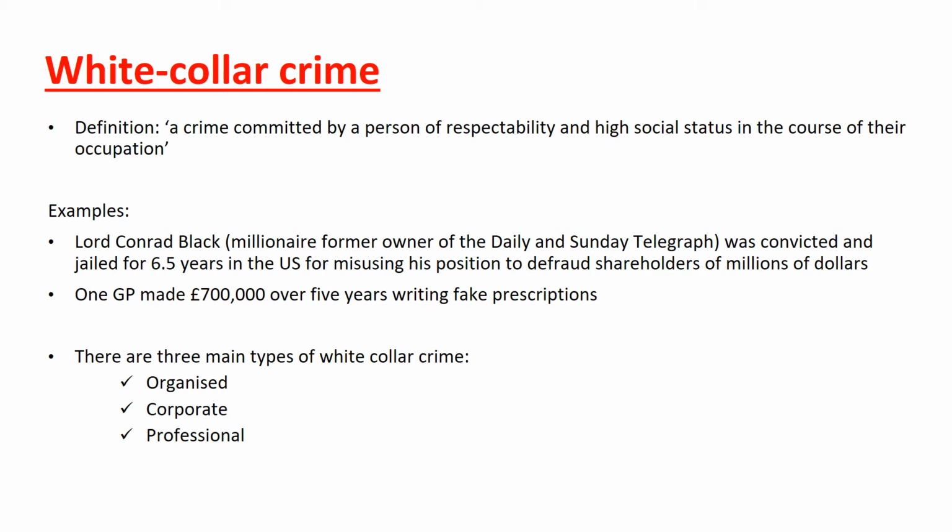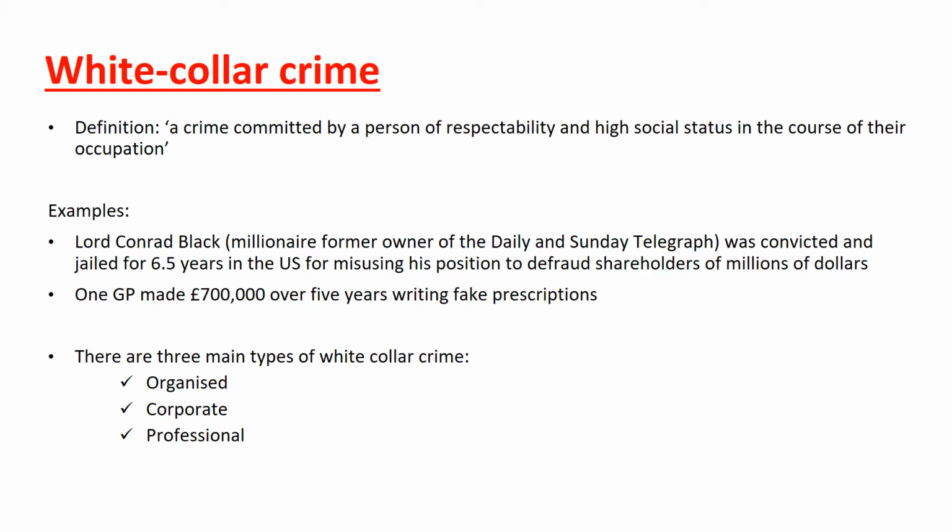Examples of white collar crime might be bribery and corruption in government and businesses, fiddling expenses, professional misconduct, fraud or embezzlement. Now 2 examples here of a real life crime is Lord Conrad Black. He was a millionaire and former owner of the Daily and Sunday Telegraph, and he was convicted and jailed for 6.5 years in the US for misusing his position to defraud shareholders of millions of dollars.